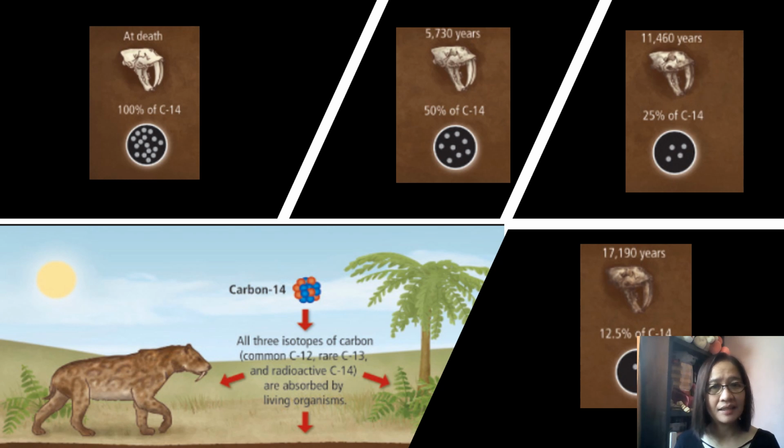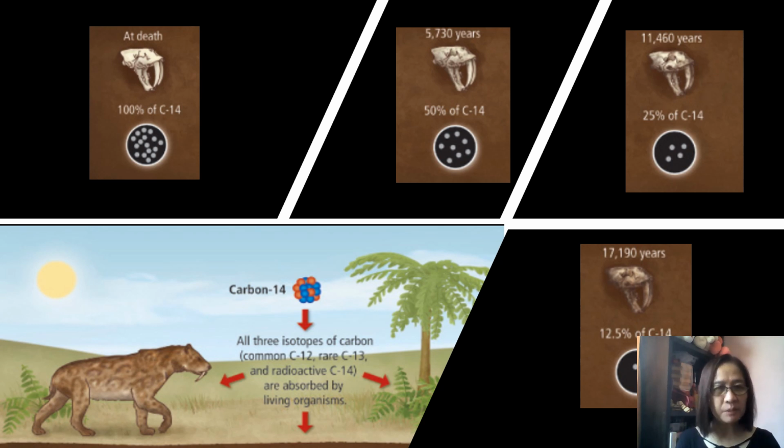Simple lang. Halimbawa, eto si paleontologist ay may nahukay na dalawang klase ng fossil. Yung isa ay 50% pa yung carbon-14. At yung isang fossil ay 12.5% na carbon na lamang. So, ang tanong dito, sino po dito ang mas bata pang fossil?